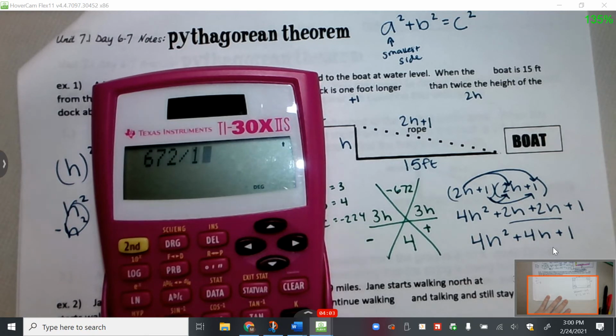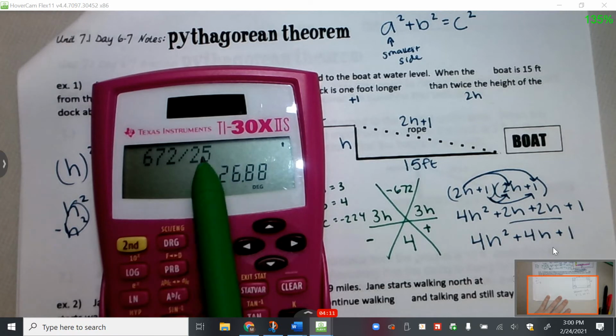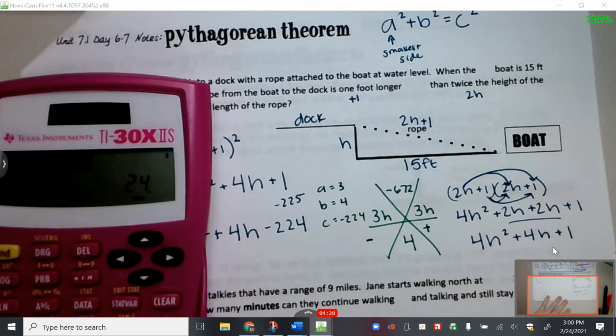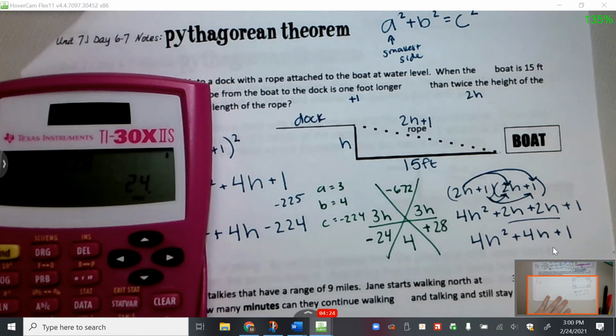Let's try a bigger number. 12 and 56 do not. 25, no, but look how they're close, so I'm not far. 28 and 24 do. Okay, so 28 is going to be positive, 24 negative.